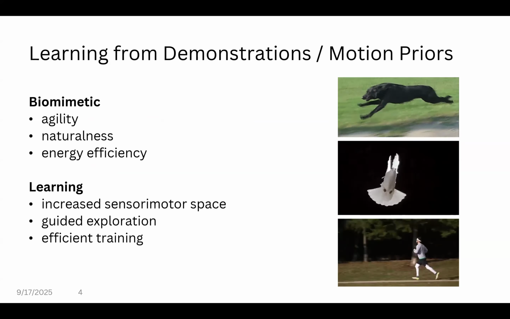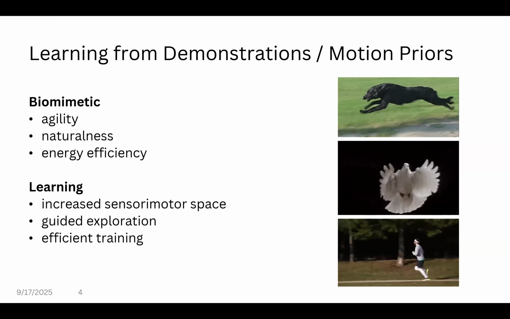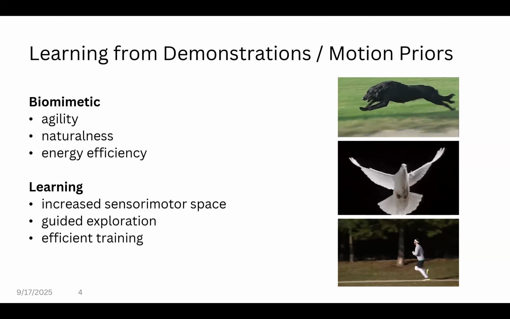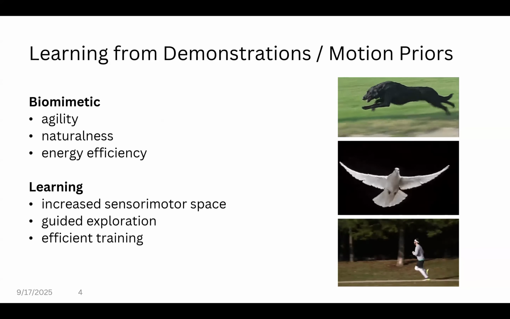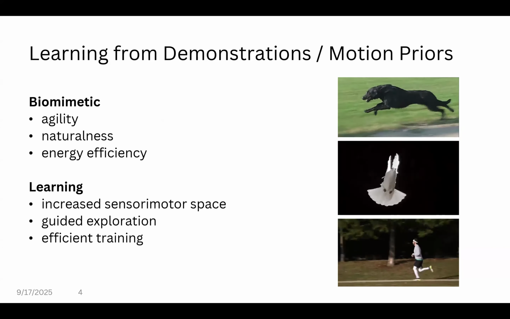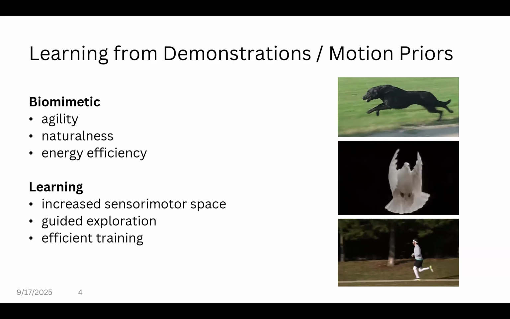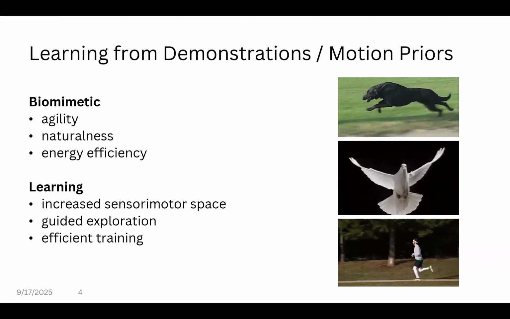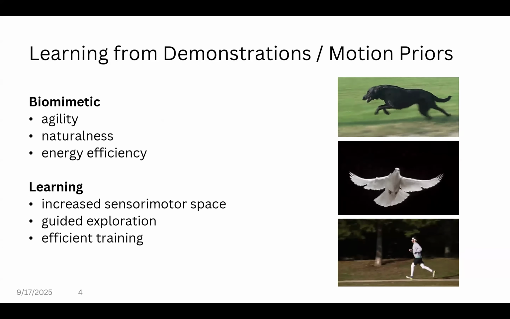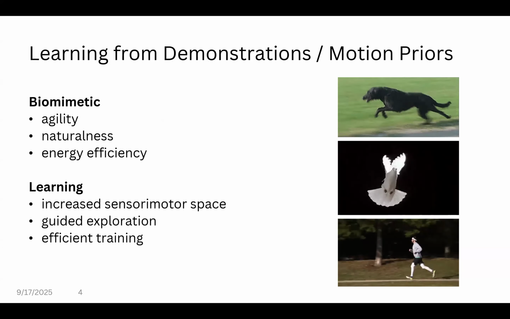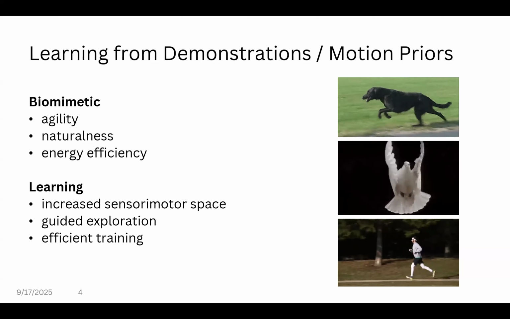But more importantly, I see the larger benefit of using demonstrations in learning itself. Nowadays people work on humanoids, right? Before, when people worked on quadrupeds, why were people not using reference motion that much? That's because nowadays, with humanoids, we have a much larger sensorimotor space and a much larger action space where we have to act. Imagine you want a humanoid to walk.